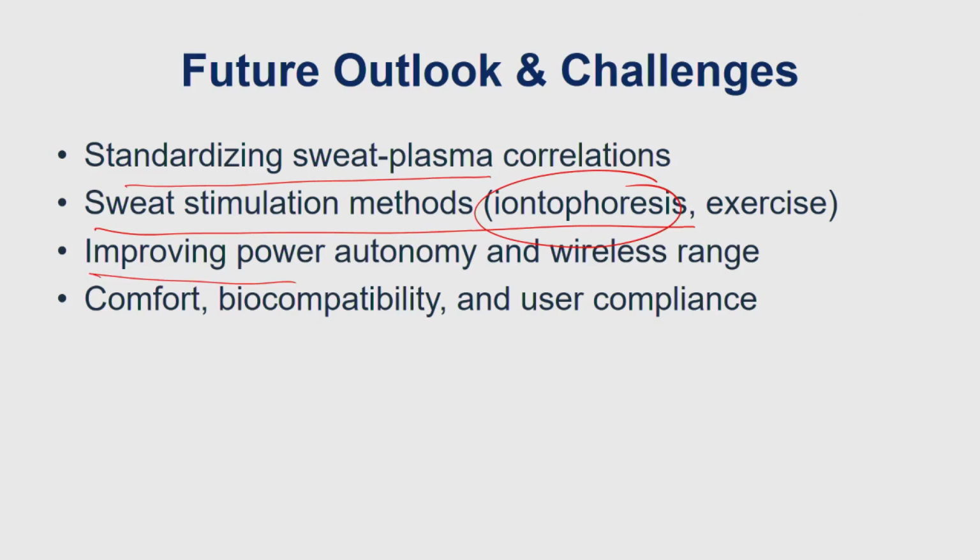You can improve the power autonomy. When you say power autonomy, meaning that you're trying to have a self powered device which can then power its own biosensing unit, because you need to apply voltage. You need power sources for that, and this can allow improving power autonomy, and also most important is wireless range.